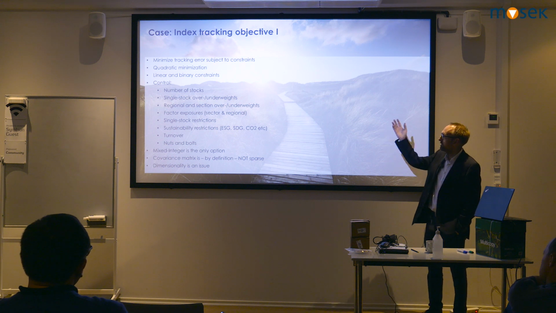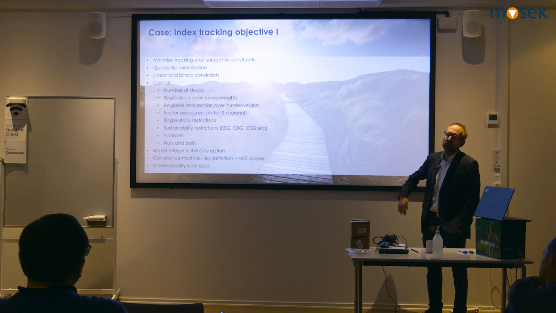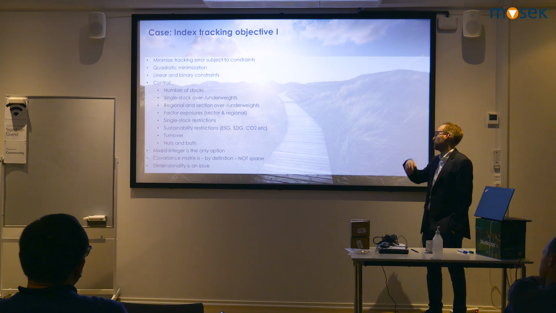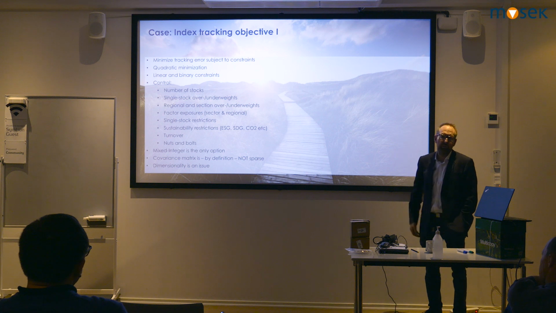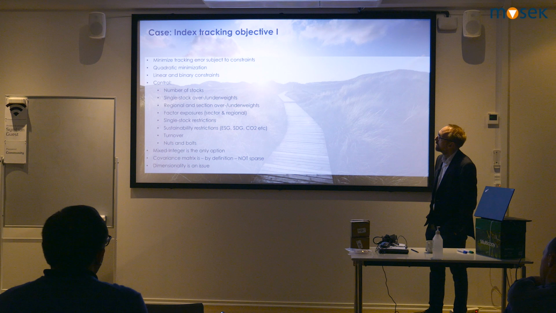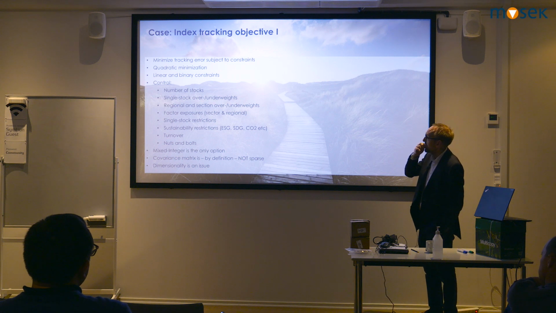Think about the benchmark as world stock market performance, and a client saying we would like to track that, but we want this product to fulfill certain criteria with respect to carbon exposure and some other kind of sustainability measure. Then we add these constraints and try to minimize the tracking error. So here we have the quadratic optimization function, and then we have some linear constraints.